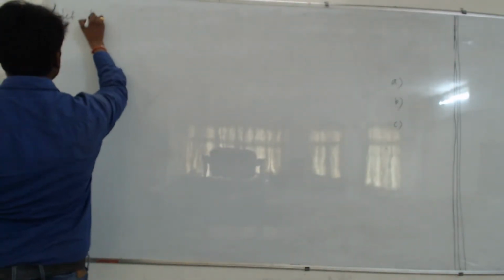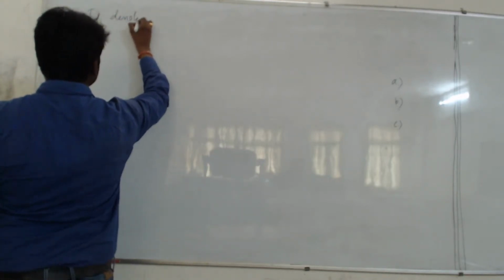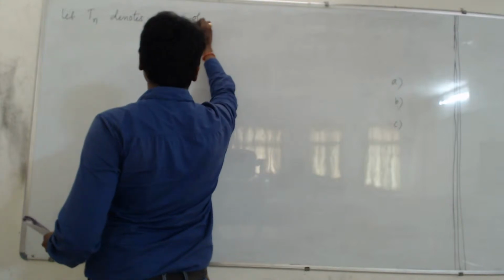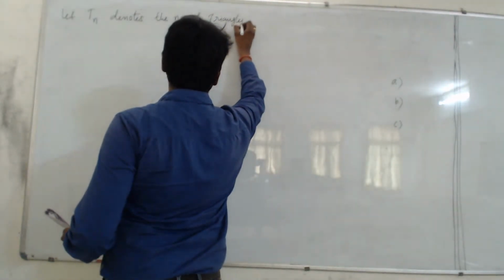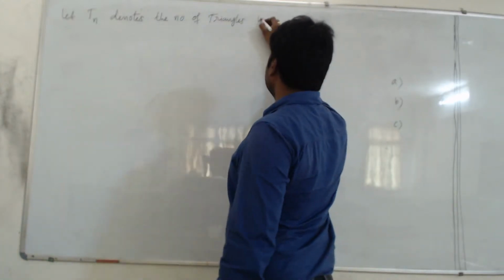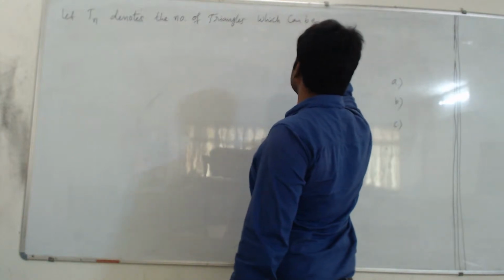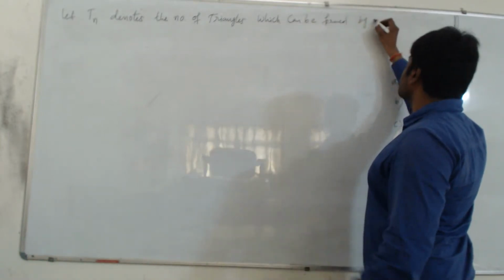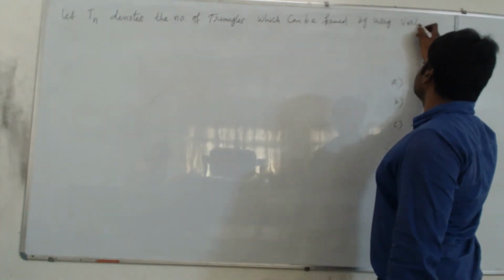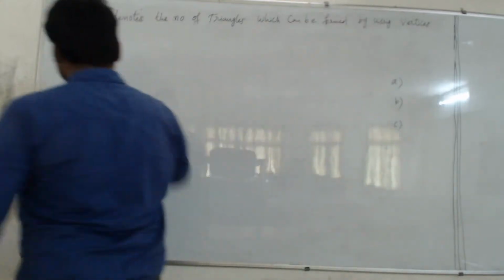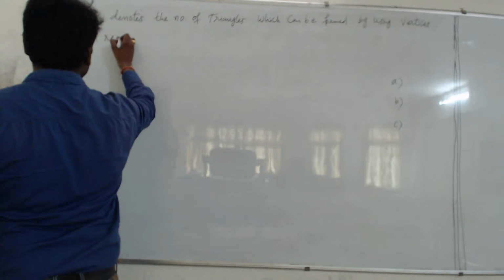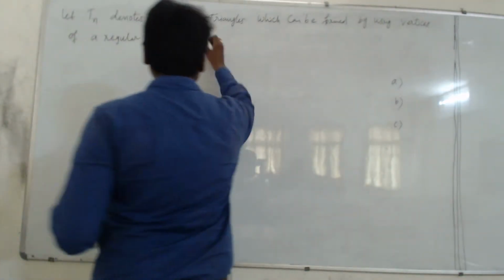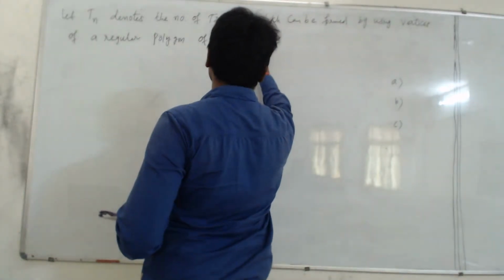Now let Tn denote the number of triangles which can be formed by using vertices of a regular polygon of n sides.